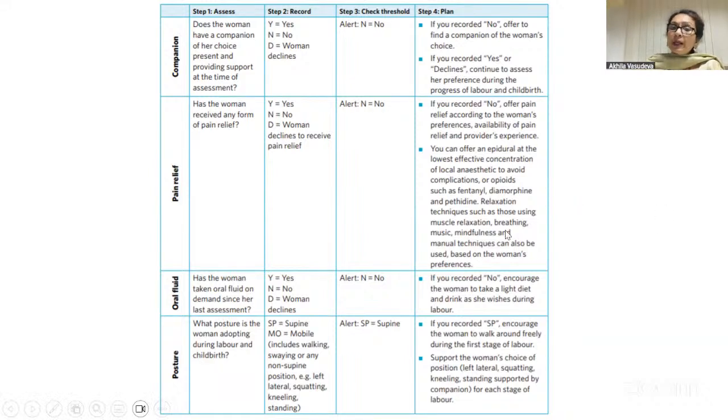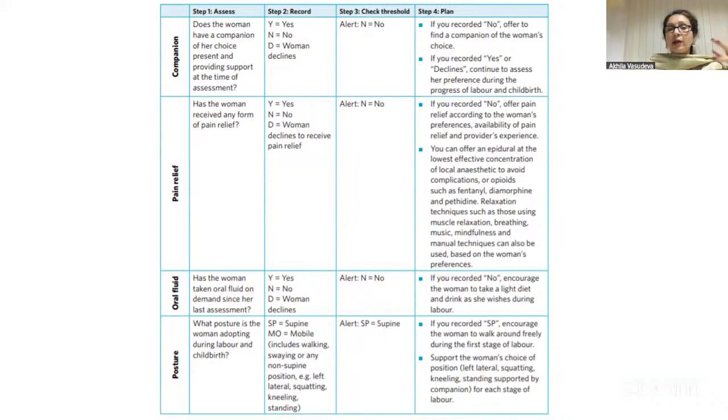There are many relaxation techniques in our own labor room in Kasturba Hospital. There are physiotherapy people who are posted in the labor room. They're doing a fantastic job by teaching them relaxation techniques, muscle relaxation, breathing, music, and mindfulness. Believe me, this really works wonders, because as doctors we are catering to so many things at a time.